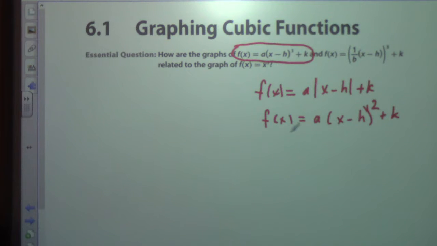What kind of function is this one right here with the squared? What do we call that? You should know that from Algebra 1 and from first semester Algebra 2. Quadratic. Everybody should know that.